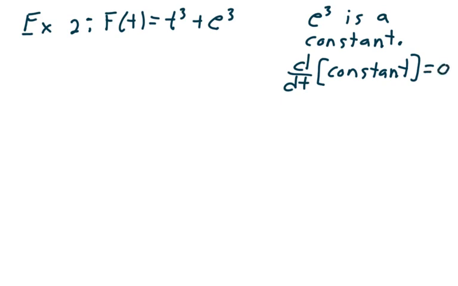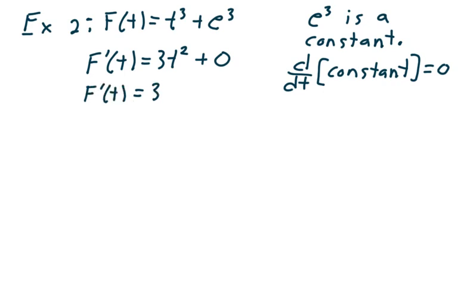So we have to keep in mind that e to the third is a constant. And so f prime of t is 3t squared plus 0. And so the correct answer here is f prime of t is 3t squared. And so this is an exercise in using the rules of differentiation.